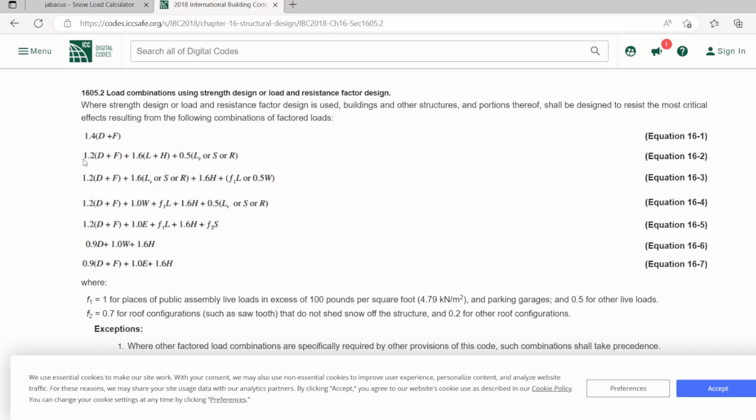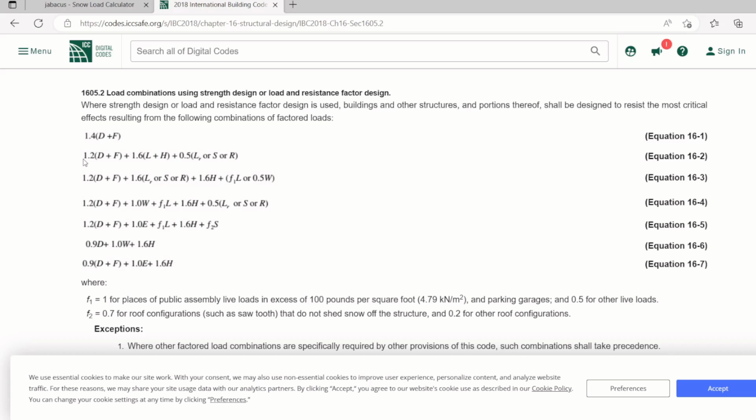The load factor in Canada, in the National Building Code of Canada, for dead load is 1.25, and live load is 1.5. In IBC in the US, the load factor for dead load is 1.2, and then 1.6 for the live load. And then in the Philippines, dead load is 1.4, and then live load is 1.7.